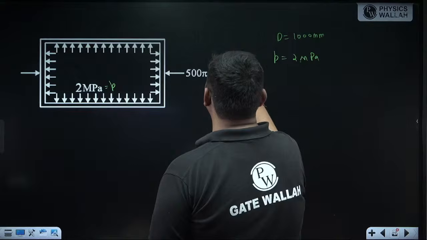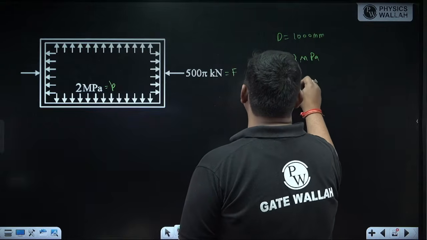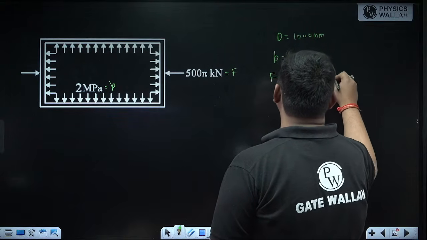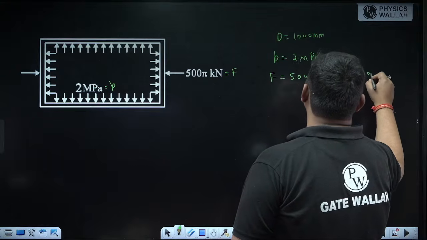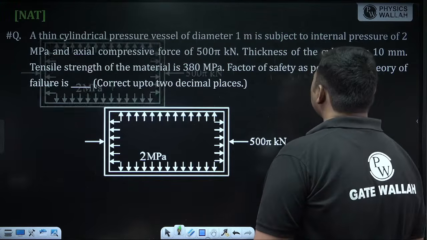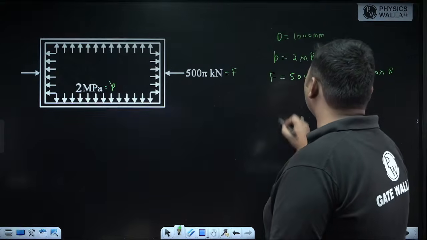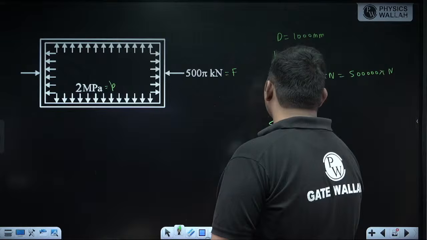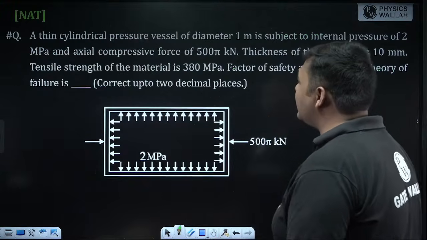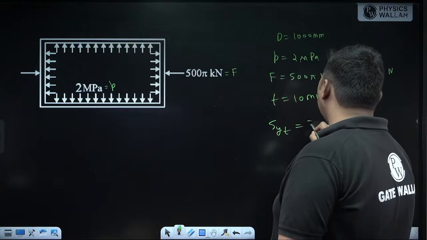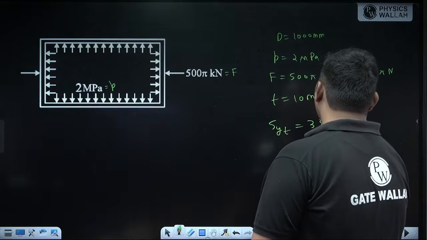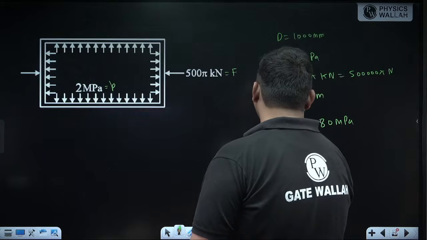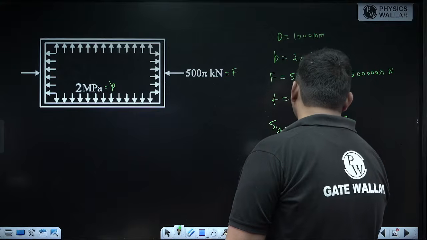Suppose I am denoting it as F. It is 500 pi kilonewton. In Newton, it will be 500,000 pi Newton. Now, the thickness of the cylinder is 10 mm. Tensile strength is given, so I am denoting tensile strength as SYT. It is 380 megapascal. Then we have to calculate the factor of safety as per Tresca's. Tresca's means the shear stress theory.